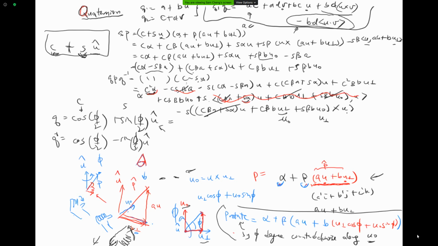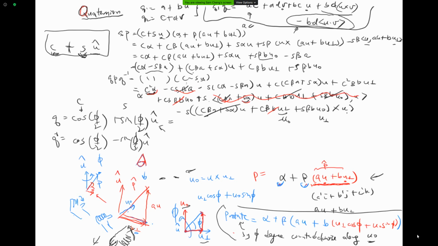Okay, this exactly cancels, this is very happy. This got cancelled. And the one I left is minus S square beta B U naught, U perpendicular. So this can go with this guy here.